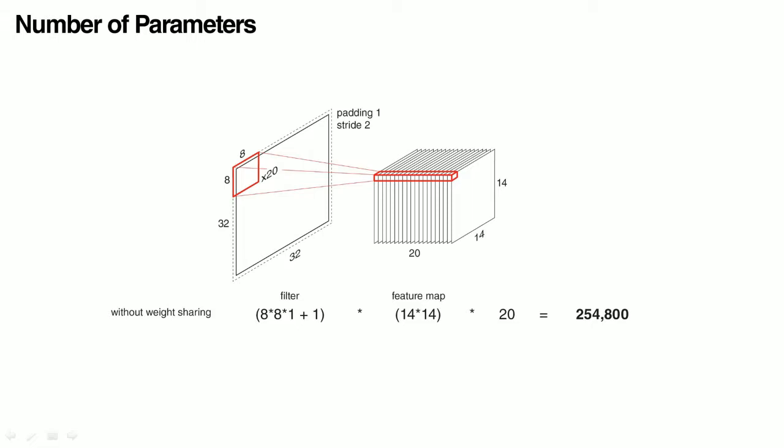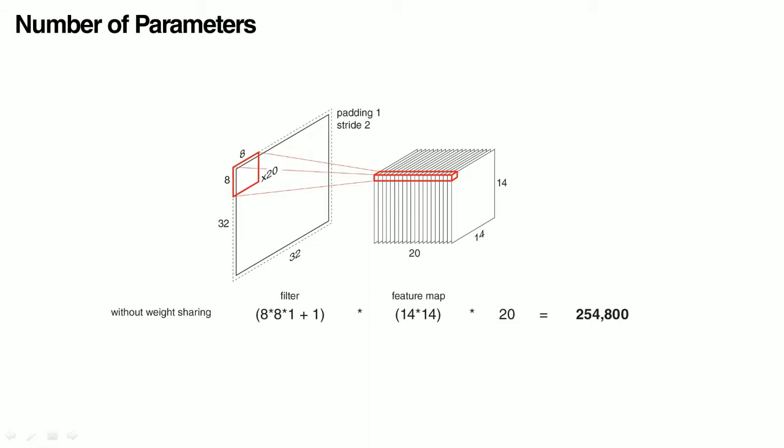So we have 8 by 8 nodes, and we have one channel. It's assuming it's a grayscale image, and we have one bias per convolutional filter. And then we have 14 by 14 nodes in each feature map, and we have 20 of those. So we have 250K parameters in just one single convolutional layer.